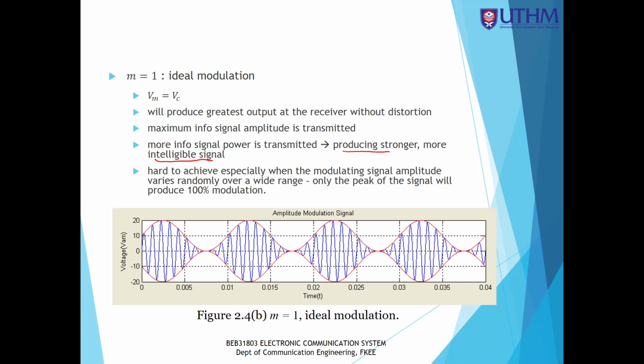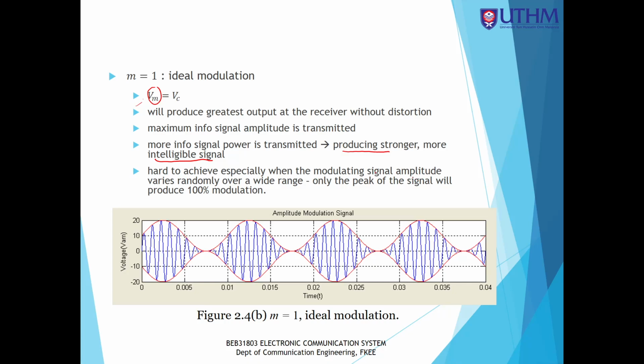That means we are producing higher signal power that carries the information, because Vm is higher. If Vm is higher, when we convert into power, the power would be higher for the component that carries the information. Which is good. But it is hard to achieve, especially when the modulating signal amplitude varies randomly over a wide range of frequencies. Only the peak of the signal will produce 100% modulation.